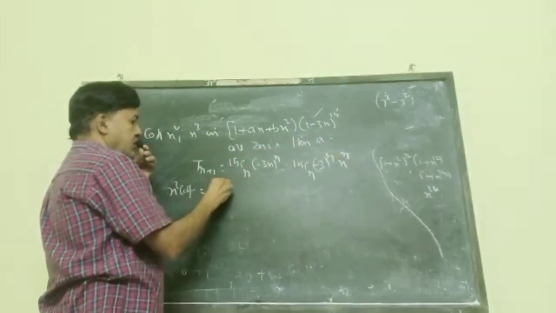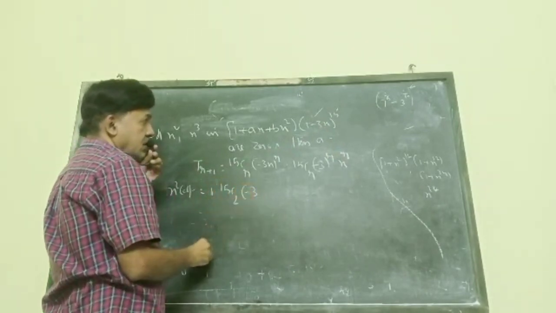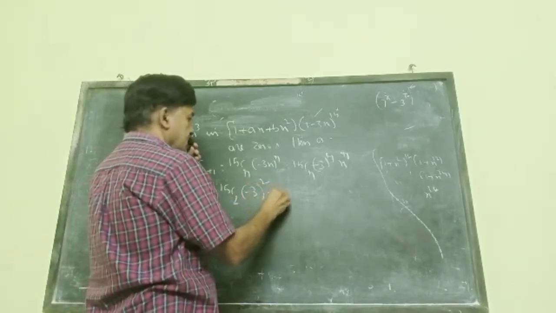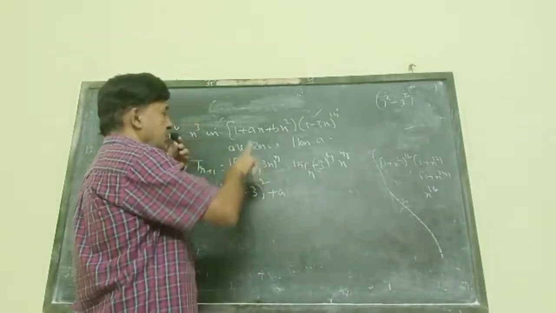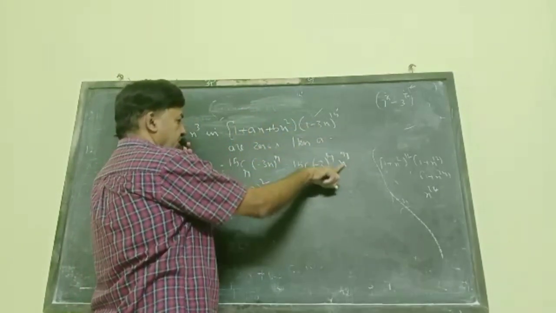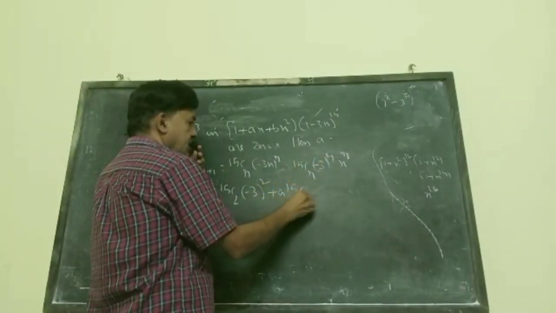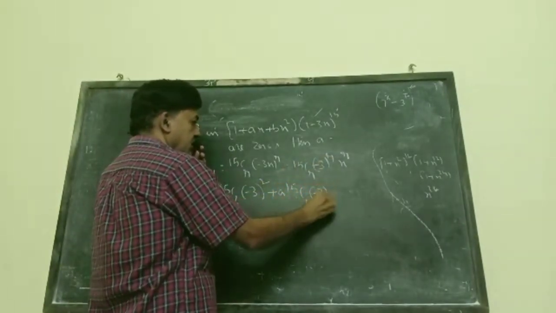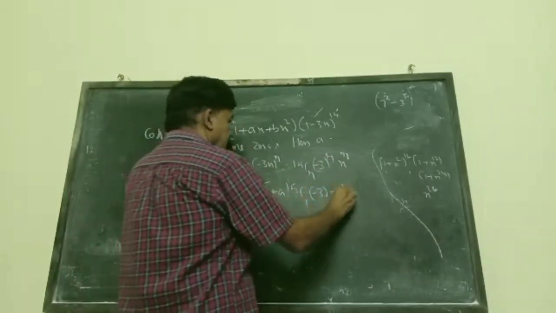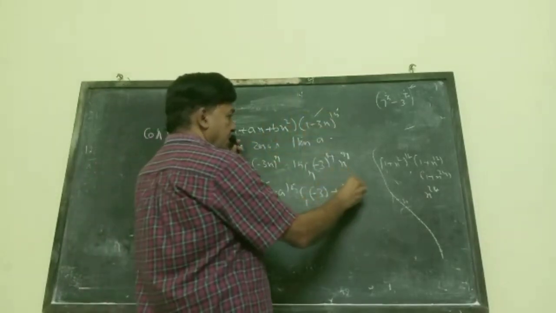So 1 into 15C2 (-3) whole square, plus a into the x coefficient, meaning r value is how much? 1. 15C1 into (-3), plus b into x square into x power 0, meaning r value 0.